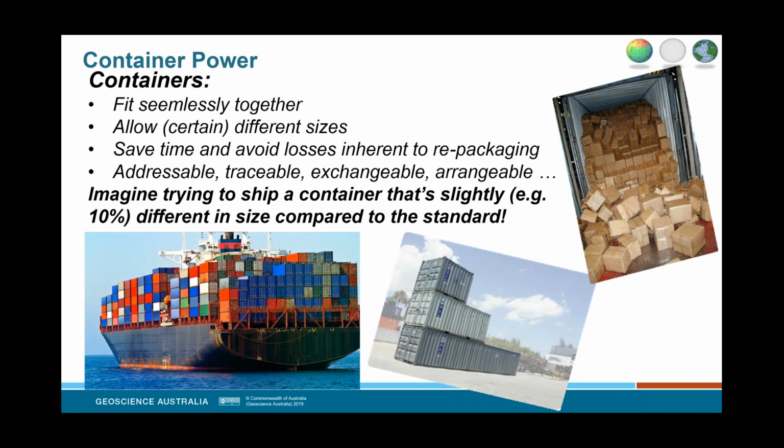It's addressable and traceable. Each container has an address, and it can be traced wherever it moves in the world. It's the same deal in the data landscape for a DGGS cell. We're not having to deal with things that are kind of the same but a little bit different. So they all fit nicely.